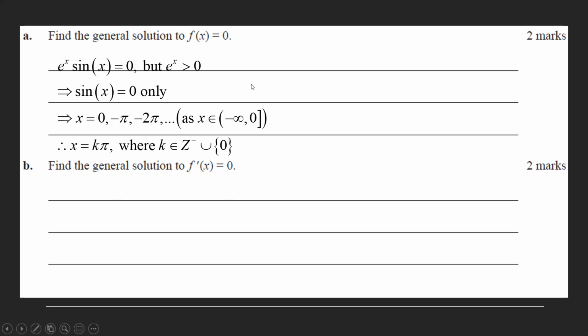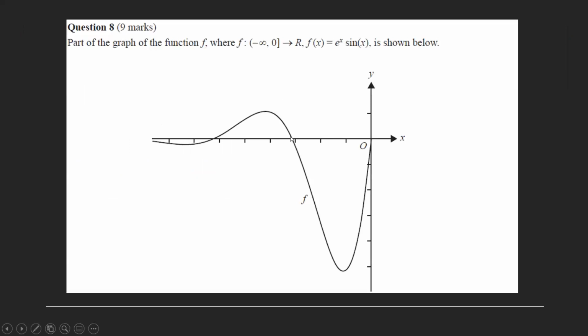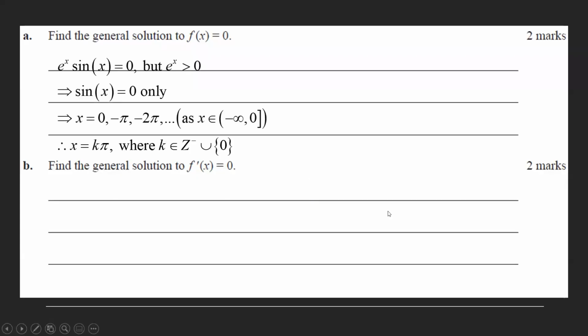For example, look back at the graph. This is the first one, 0. Yep, 0 is included. Well, minus pi, I suppose, because sine minus pi is 0, minus 2 pi, minus 3 pi, minus 4 pi. So x is k pi, k is a negative integer, also including 0.